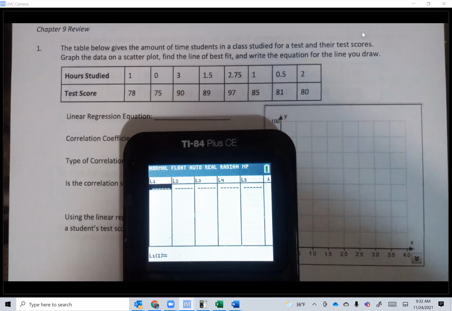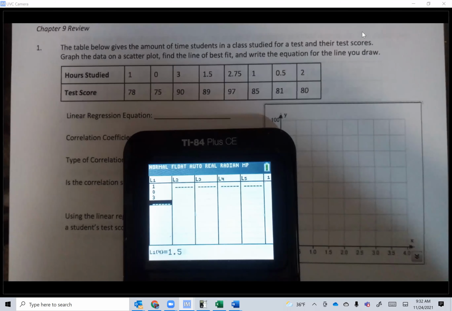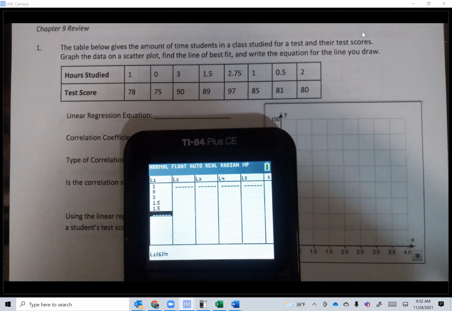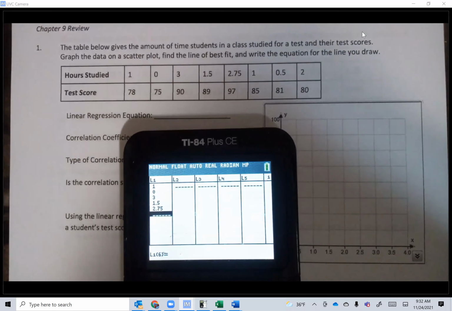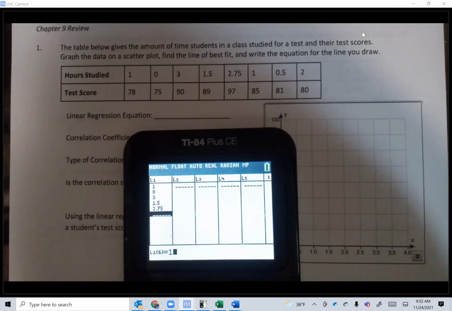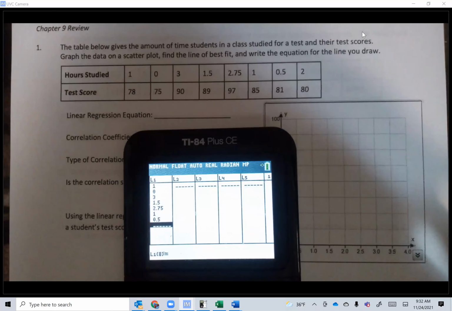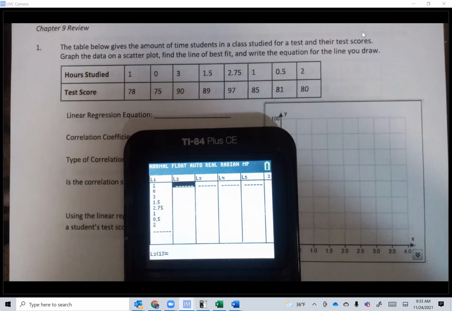So you got 1, 0, 3, 1.5, 2.75. This is the independent variable. Then 1, then 0.5, then 2. Next one, 78.